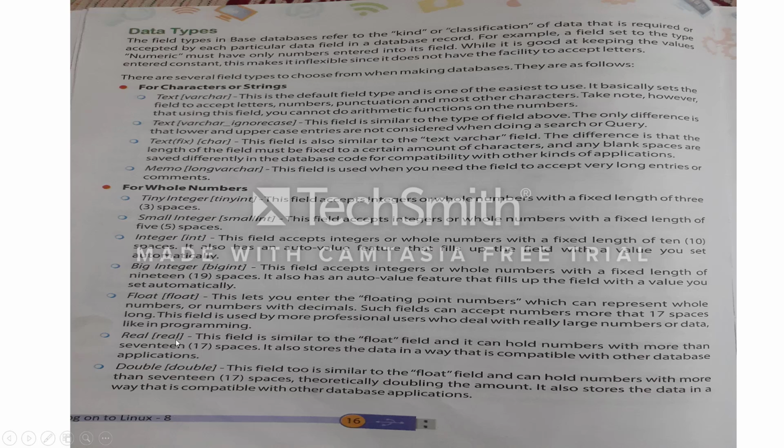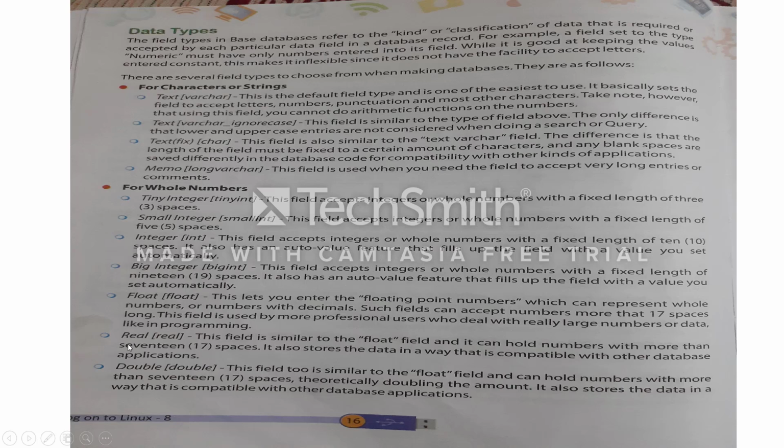Then we have a real data type, children. This is very similar to your float, but its capacity is more than 17 digits. Suppose someone wants to enter a number which has even more decimal digits, it is possible using this real. Then we have a double data type, which is again similar to float and real, but it has space more than 17, theoretically double the amount.